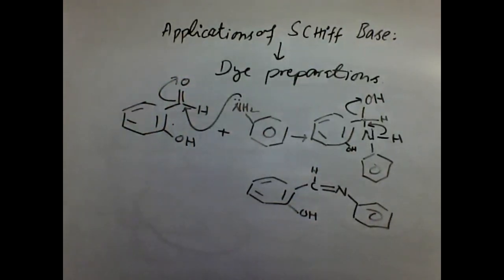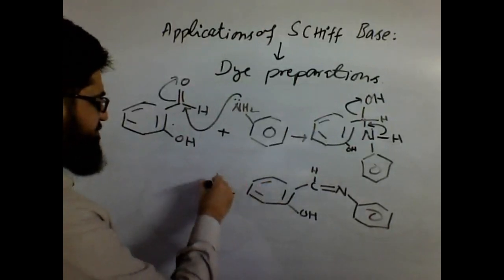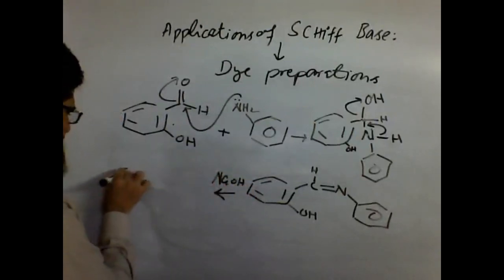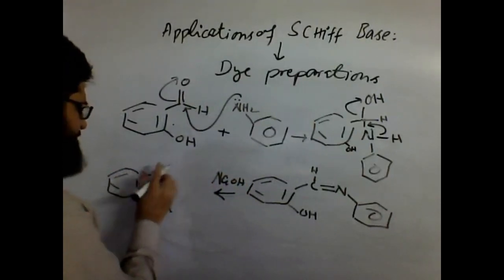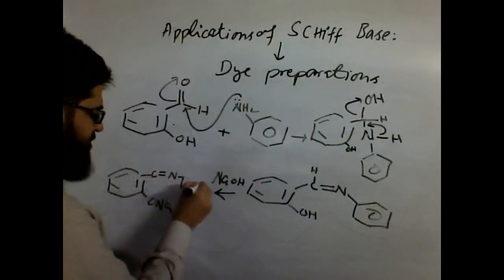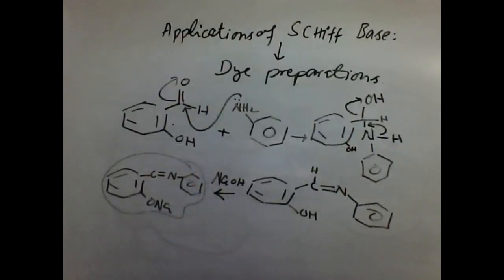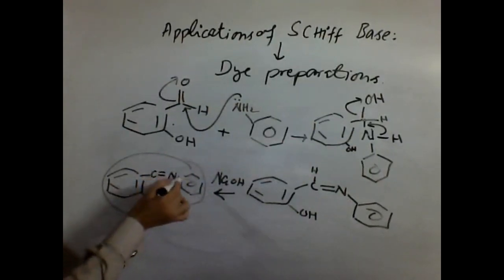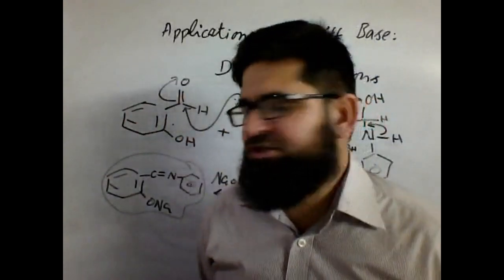Then what one could do, yes, it's a sort of an acidic moiety. You can bring in some sort of base and convert it into a salt, which is the basic requirement for the preparation of dyes. So we will get this sort of water soluble compound. In this compound, what is present? There is a double bond between carbon and nitrogen, and the nitrogen carries one substituent as well. So as per the definition, as per our discussion, this will become an imine.